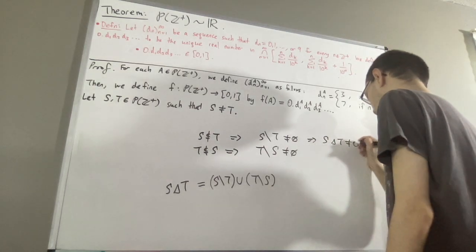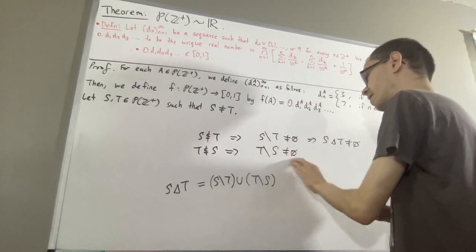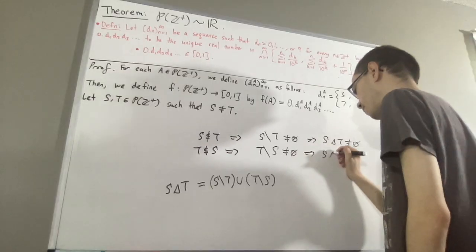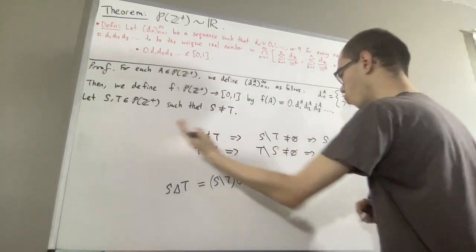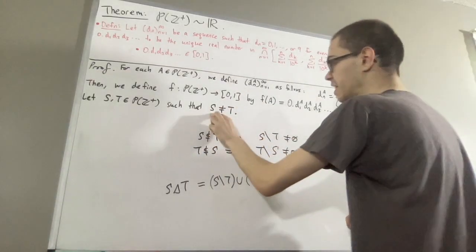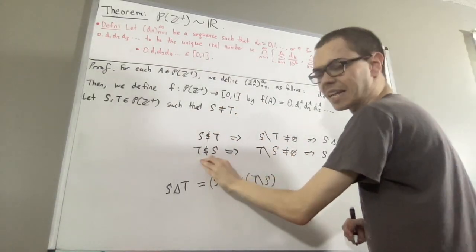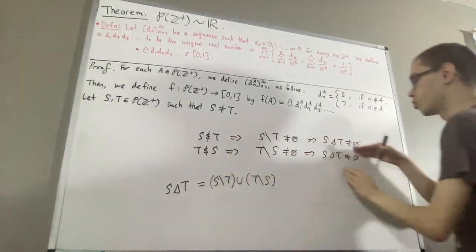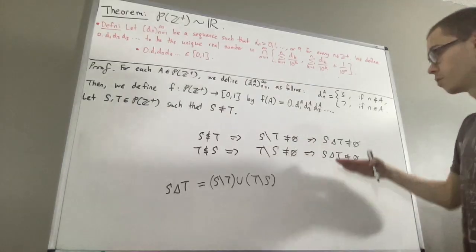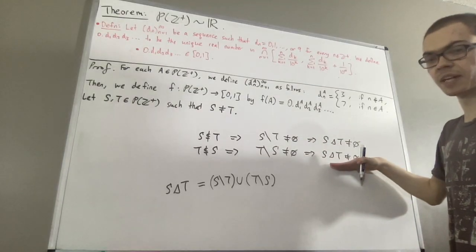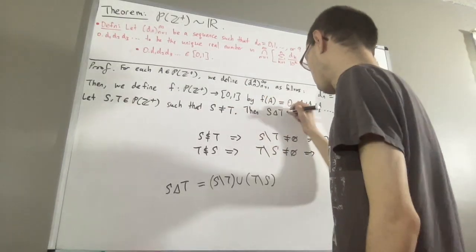Similarly, if T set minus S is non-empty, then clearly the symmetric difference is non-empty. So what are we saying here? If S is not equal to T, then one of these has to be true. But no matter which one is true, the symmetric difference of S and T is non-empty.